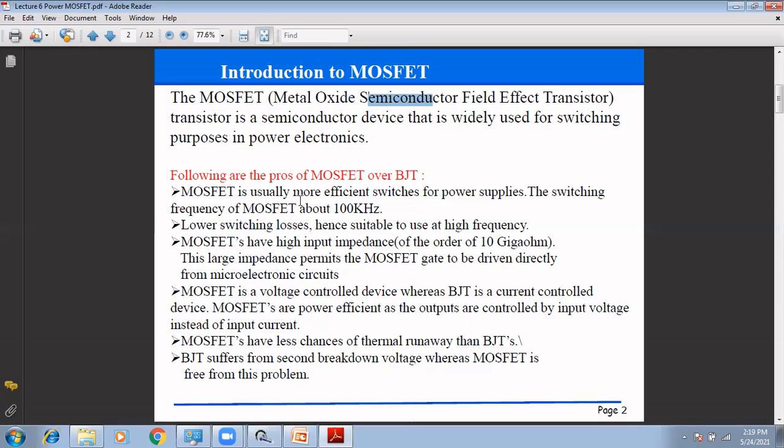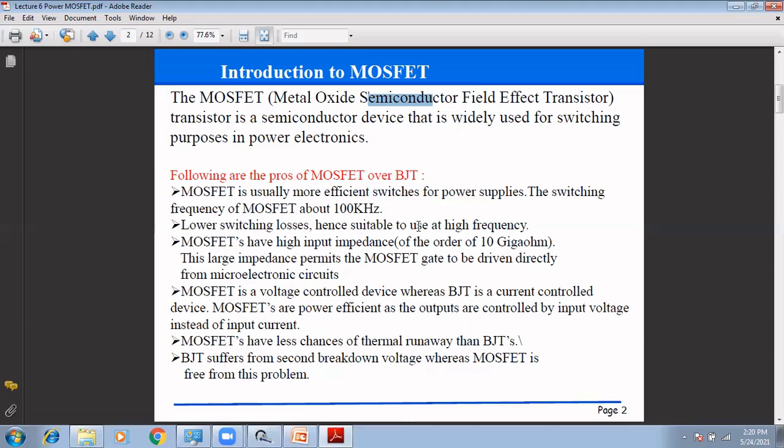First is that its switching speed is very high as compared to the BJT. The switching speed of MOSFET is about 100 kilohertz, so we can use MOSFET for high switching applications. The next one is lower switching loss.